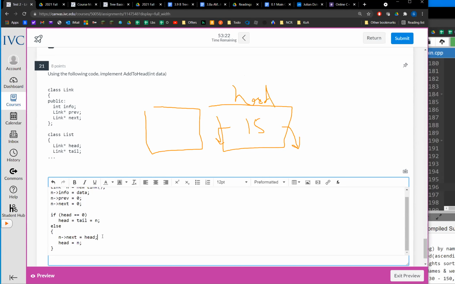So head previous equals n. All right, there we go. And previous equals n, so that'll link that to there. And next equals the head. There's our n, and whatever our data point is, that goes nowhere. And then this becomes our head.